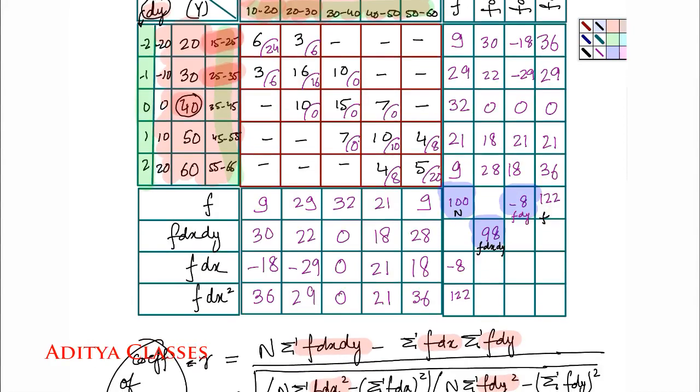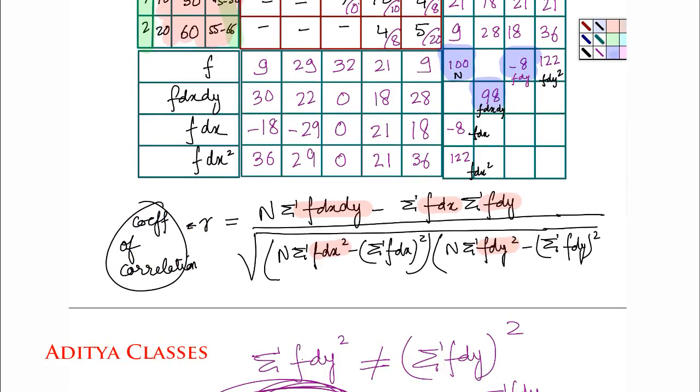This is f dy square. This is f dx square. This is f dx, and this one is f dy. So I have all these values available with me. Let us highlight them.